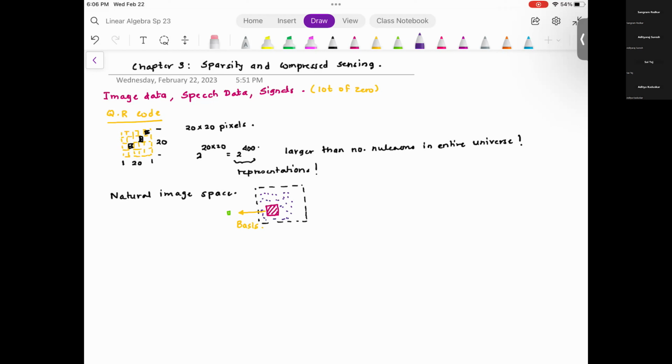So what that means is we can use this sparsity. Sparsity means closeness to zero. Sparsity in this image data set lets us represent a lot of representations in a very compact form.